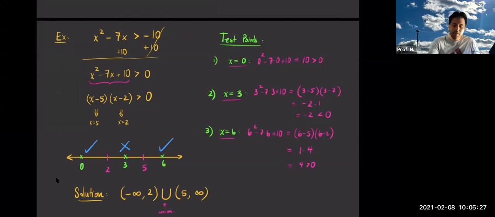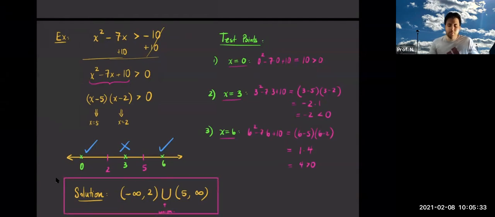And so then this would be the final answer. So how are we feeling about this? Good? The inequality is just including test points, and now we're using interval notation to express our solution.